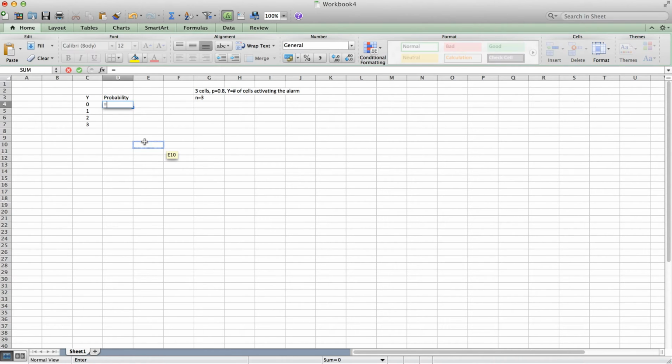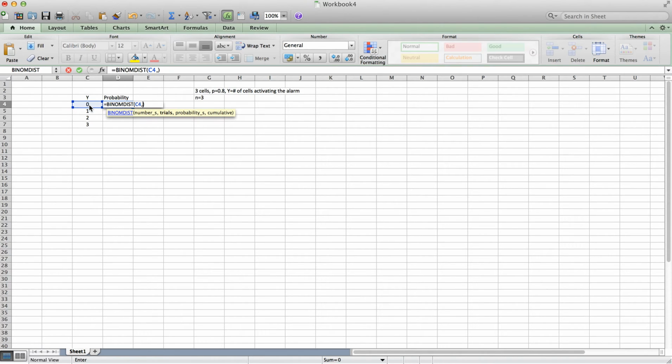It always depends on the Excel that you have, if this is Mac, if this is Windows, but in my case, this is BINOM.DIST. They are going to ask you about the number of successes that you want, and in this case we are going to have 0, and then they are going to ask you about the number of trials.